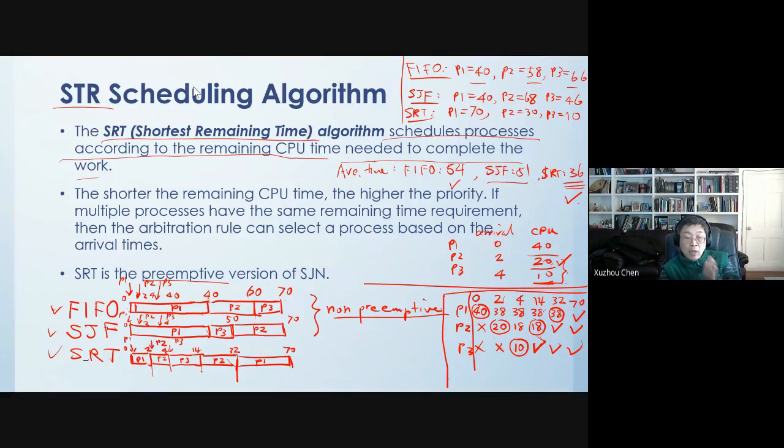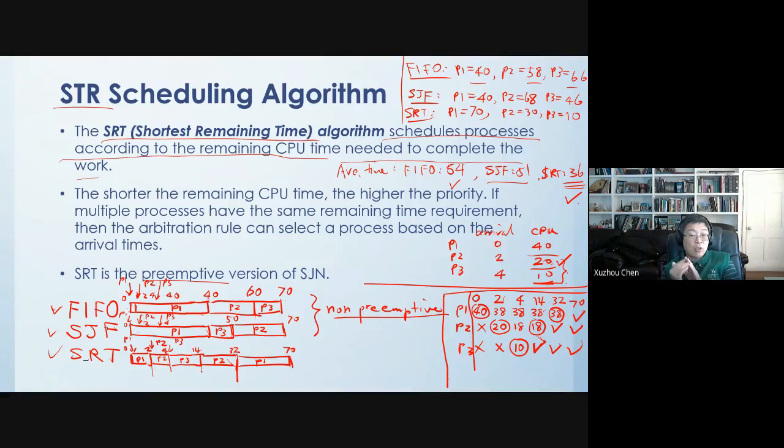algorithm, however, we actually did not count the context switching time, right? So we assume that if you switch from P1 to P2, the context switching time is 0. We make that assumption. That's the reason why when we calculate the time, we did not count the context switching time. But for the SRT, certainly there are more context switches than the other cases.